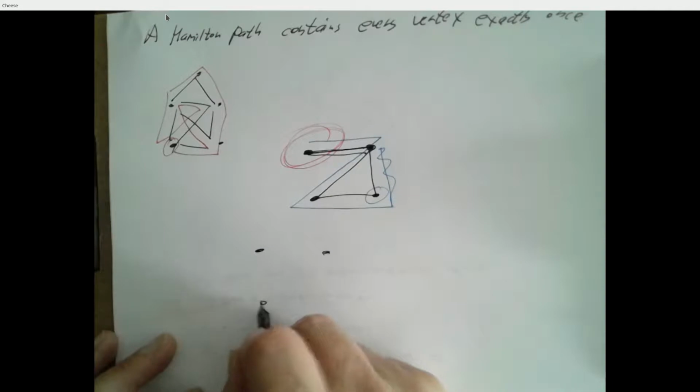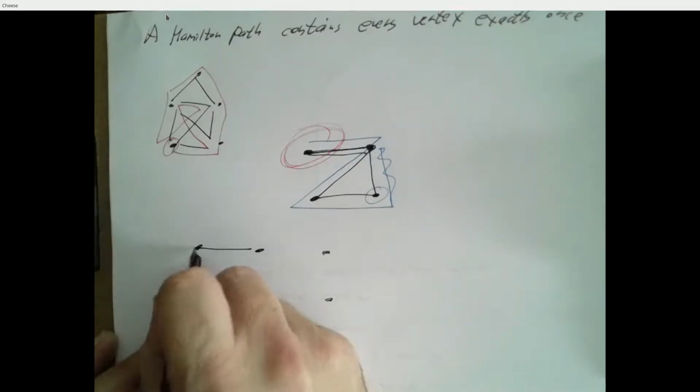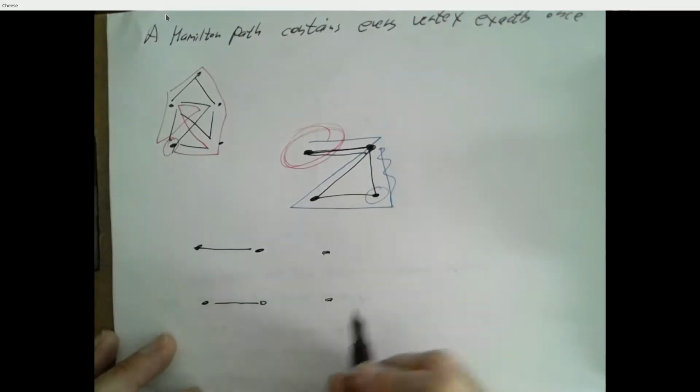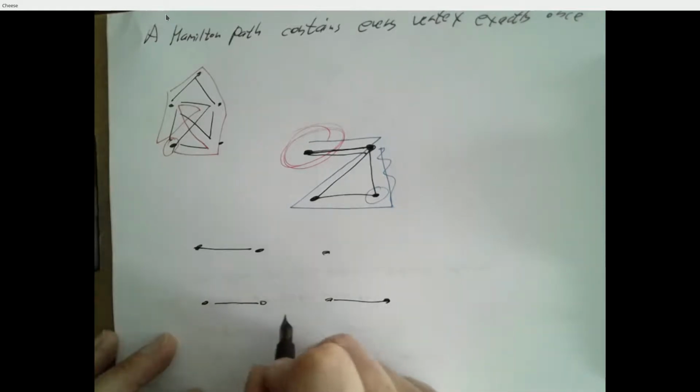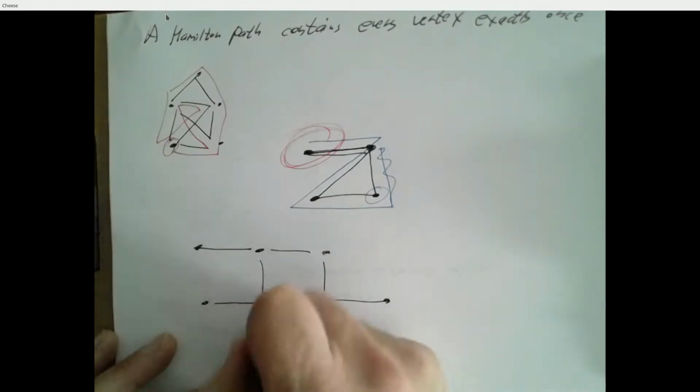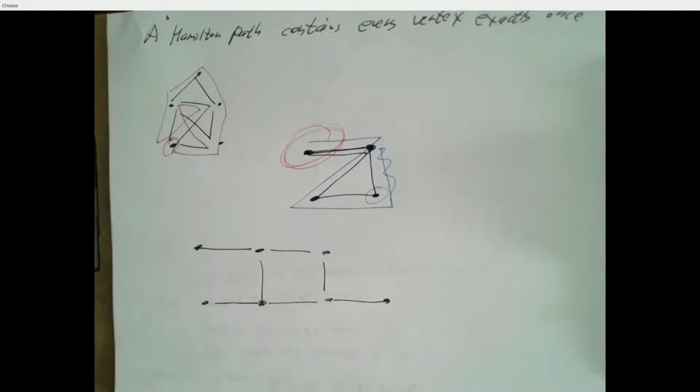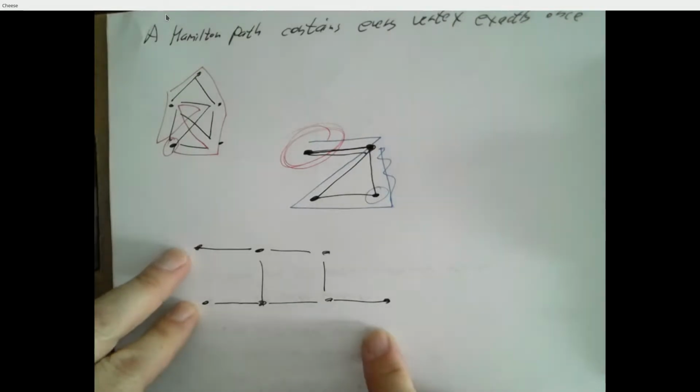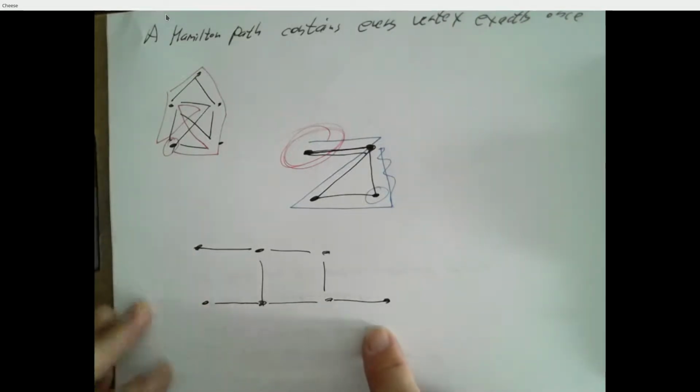And here's one where we don't have either. It's kind of the same thing, but exacerbated by 3 of these dangling vertices, and there's no simple path that hits every vertex exactly once.